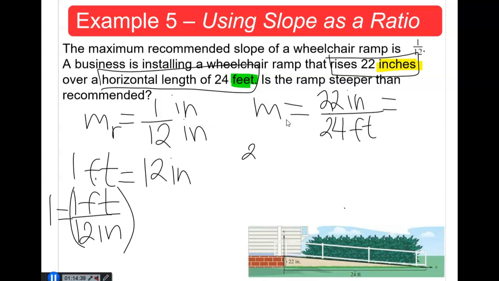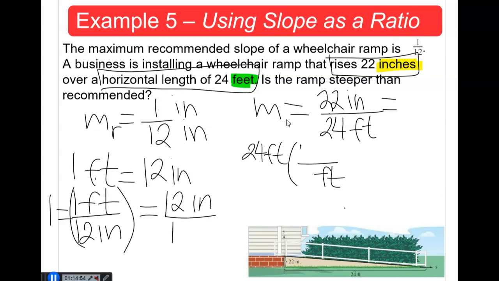So that will be 24 feet multiplied by, and actually I'm going to use the other one because I'm trying to cancel the units. So I wanted to have that on the bottom. So we have 12 inches is equal to 1 foot.